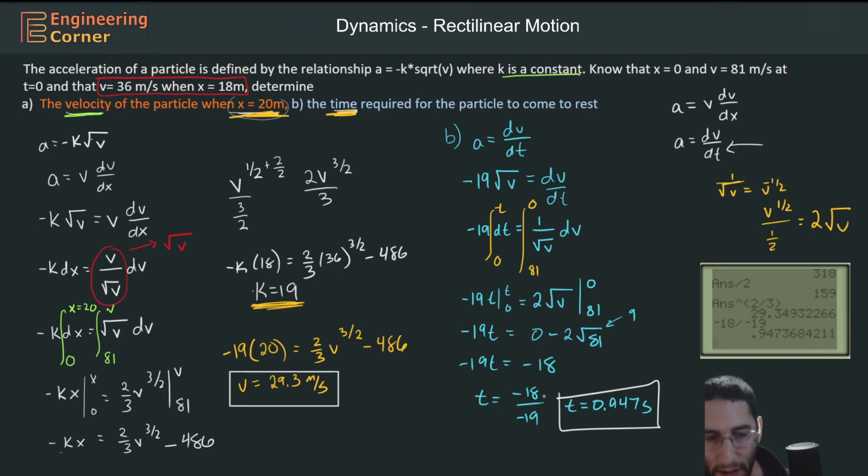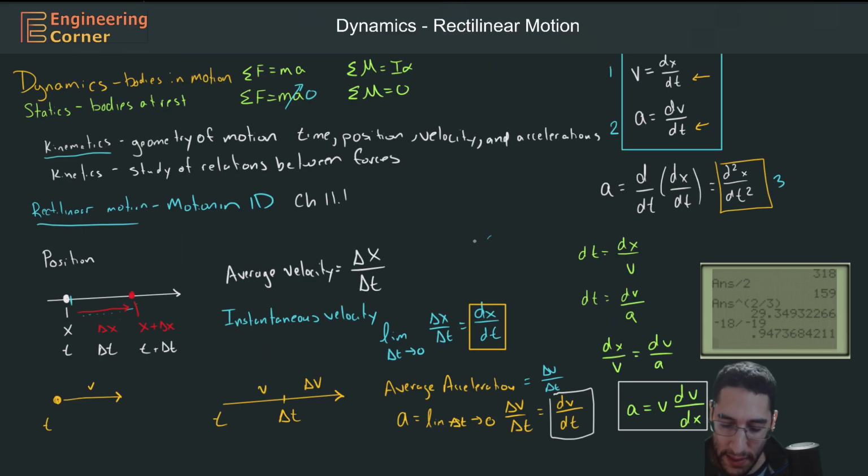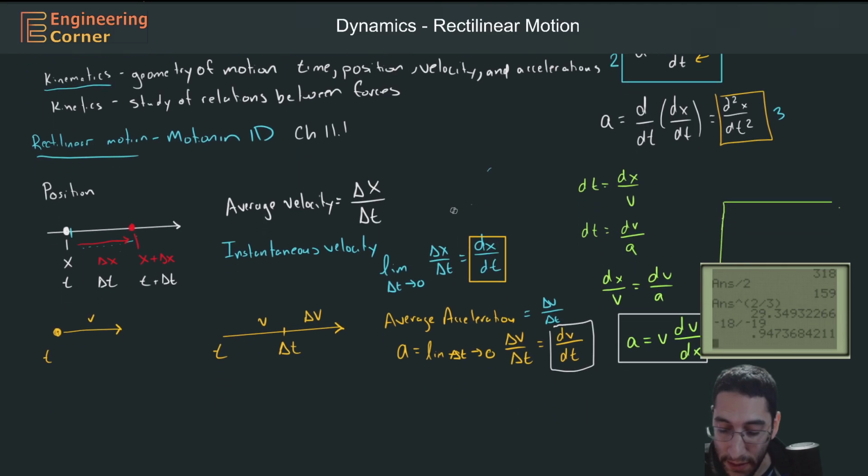Just like all the problems we've done, the problem doesn't get harder. It's just the function we're using that makes the problems a bit harder. So hopefully these examples have helped you to understand how we can use the different values for the acceleration.